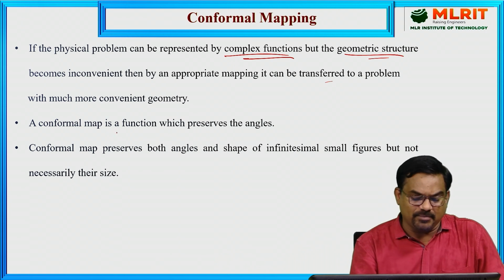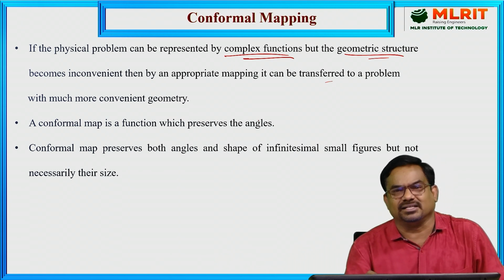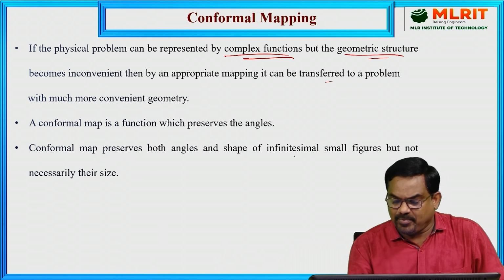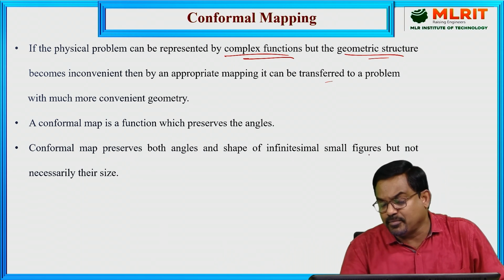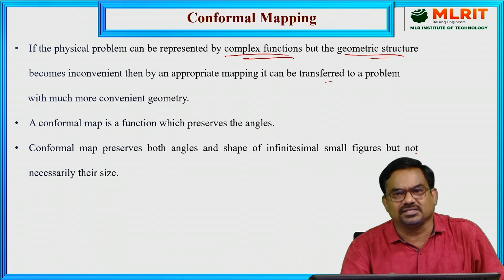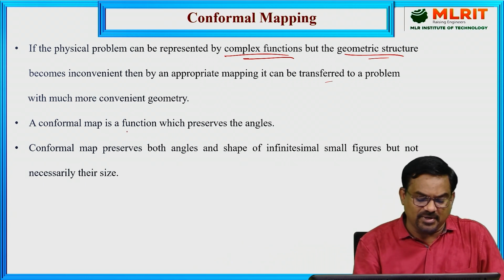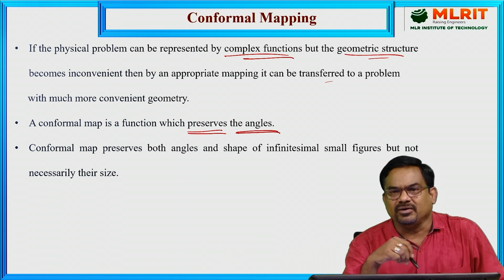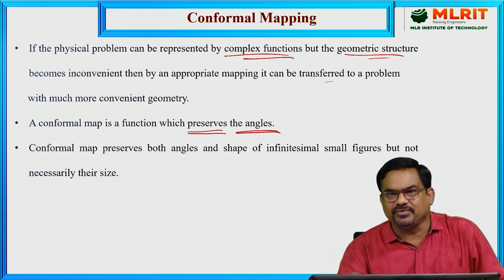A conformal map is a function which preserves angles. A conformal map preserves both angles and the shape of infinitesimally small figures, but not necessarily their size. So mainly the conformal mapping preserves the angles. What is a mapping first?